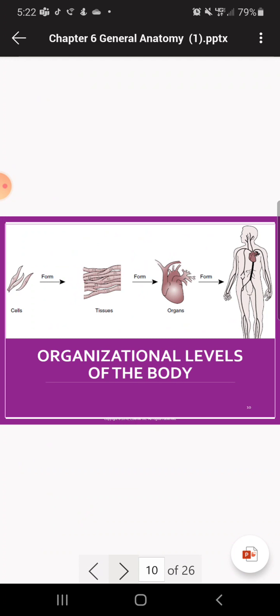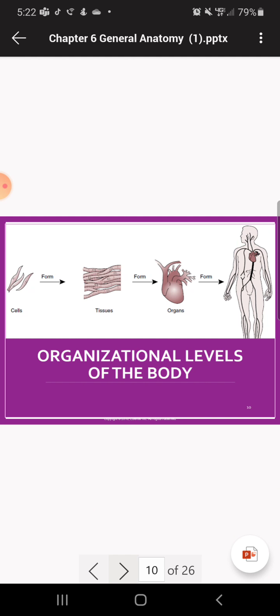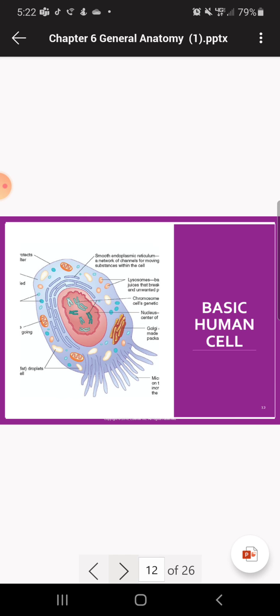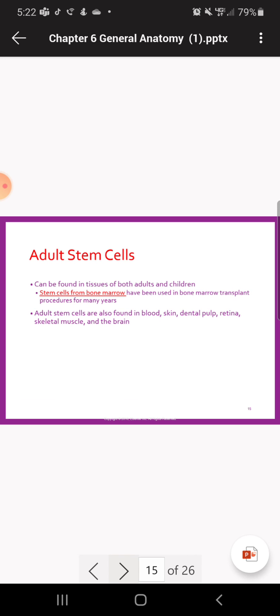Structural units. Nothing in red, but structural units contain cells, tissues, organs, and body systems. Okay, I'm going on. It's talking about cells and all the good stuff about cells in our body, but I'm just going to hit the red for you guys to help you with that test, okay? So adult stem cells can be found in tissues of both adults and children.